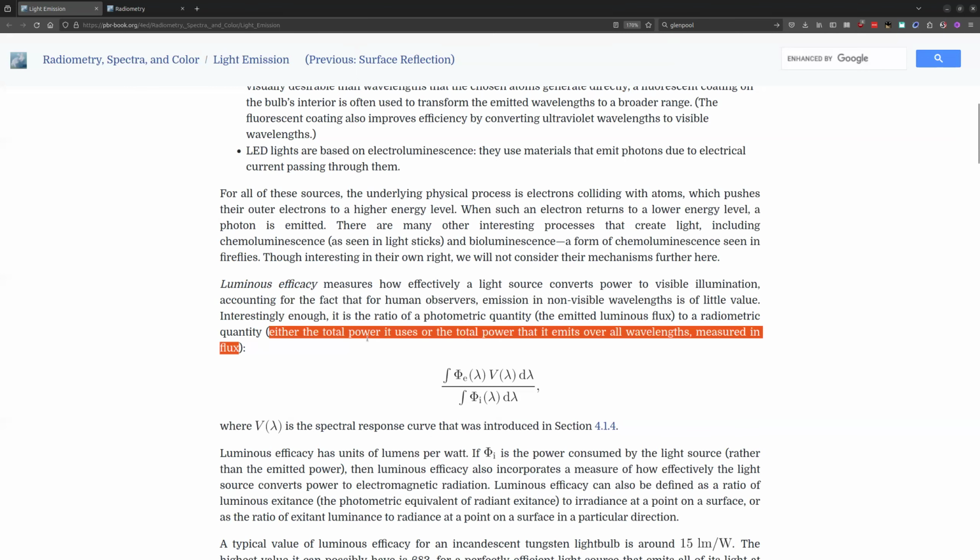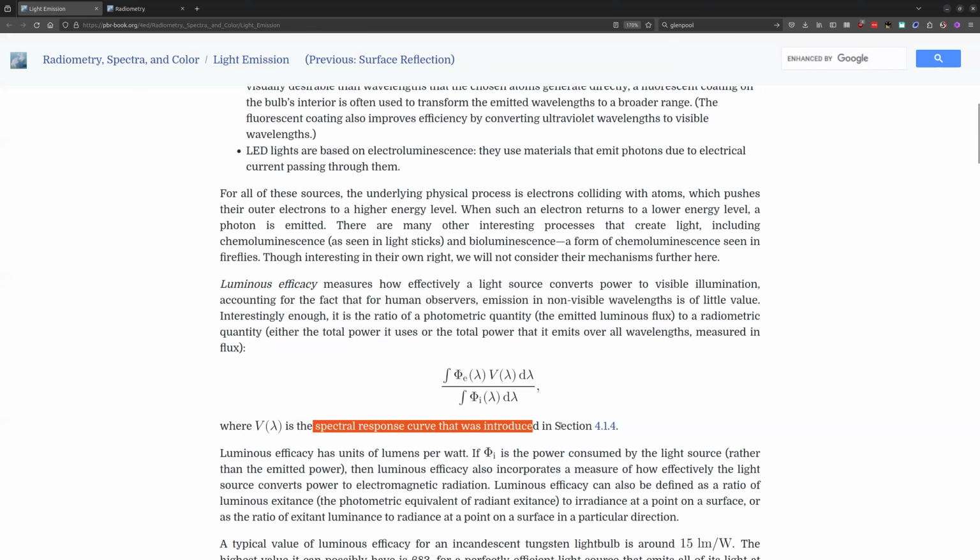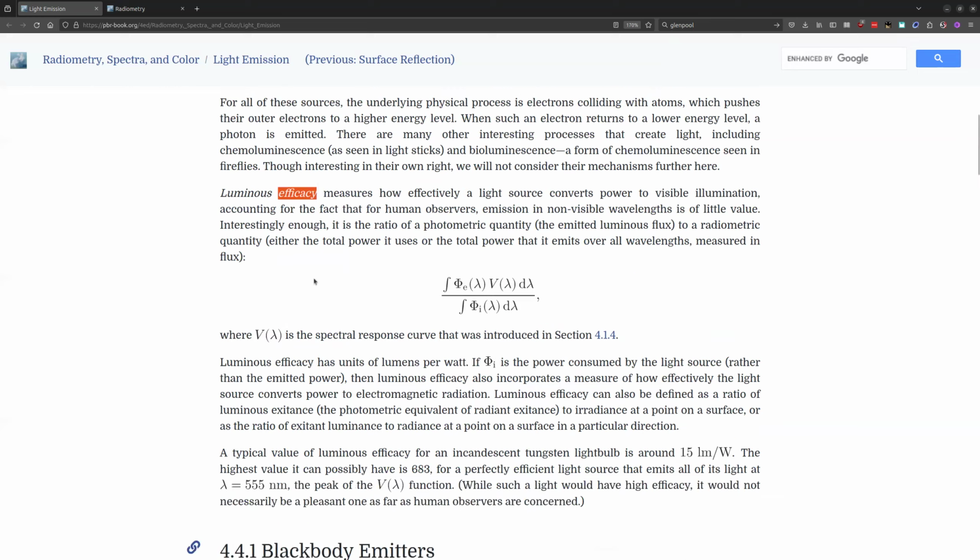Interesting. So we have the luminous efficacy, we have the spectral response curve. It's just measuring how much power you put in versus how much visible light comes out of it. Lumens per watt.